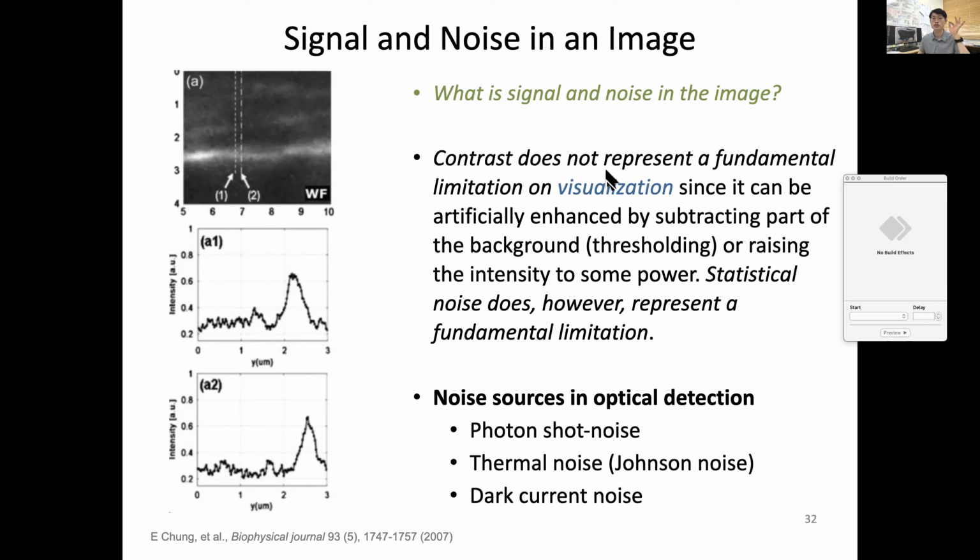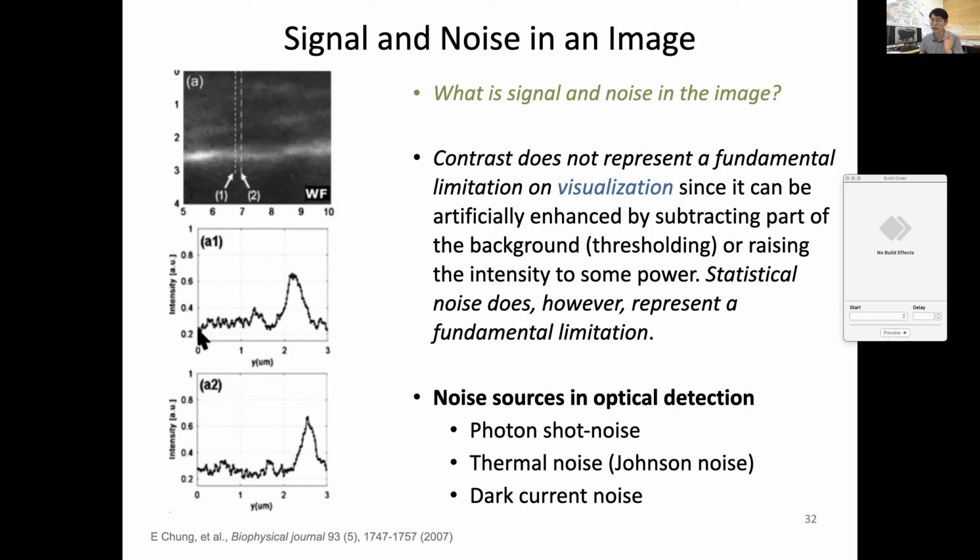So contrast does not represent a fundamental limitation. Contrast is just the level difference of signal versus background. It's a very important visualization, but it may not provide a fundamental limitation, because you can have some instrument which enhances contrast by just amplifying your signal, but it may not fundamentally resolve your information, because contrast can be artificially enhanced.